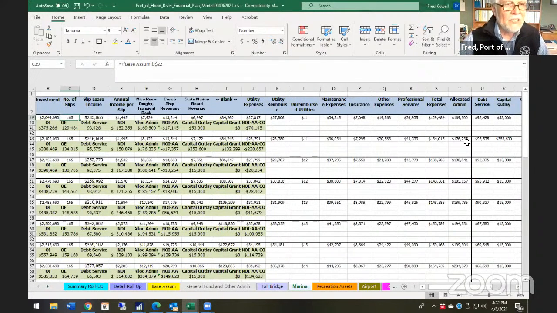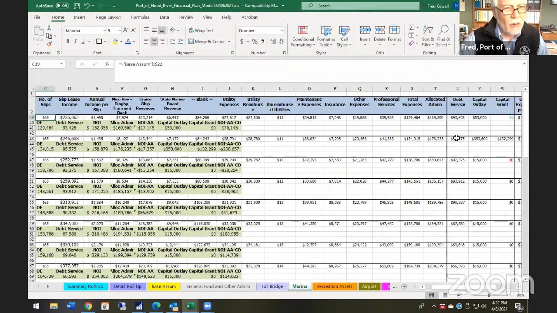And then debt and capital outlay on the outer part of this schedule get pulled in from those worksheets. And that's the model. I don't want to get too involved in it, but the model is the same. I think I gave you each of these worksheets.